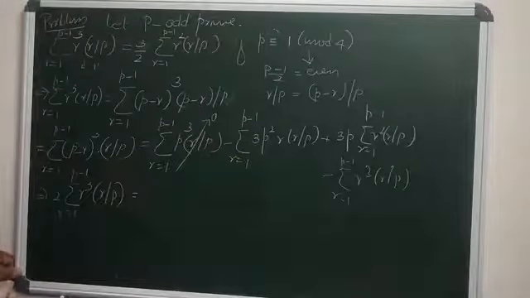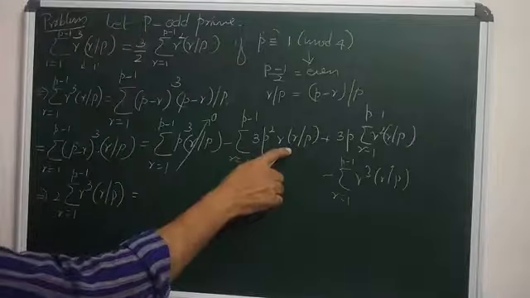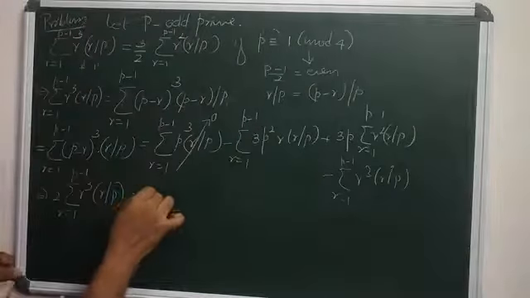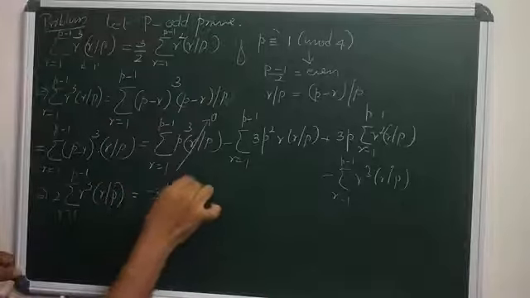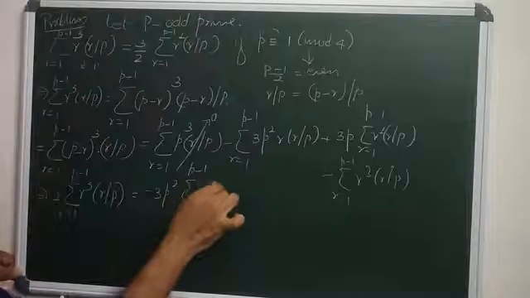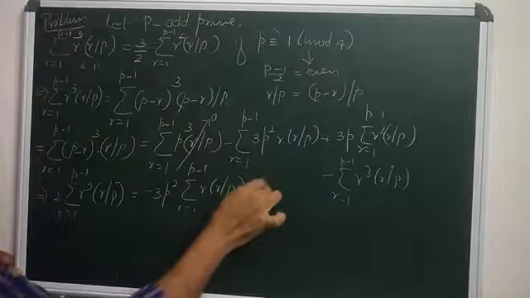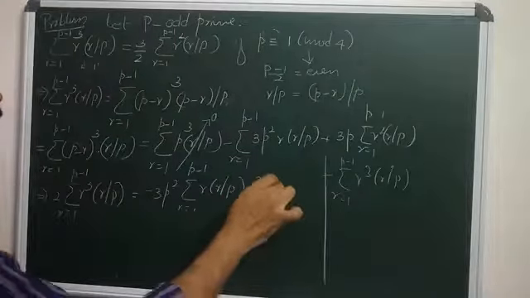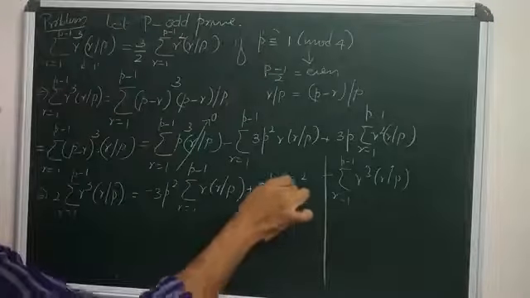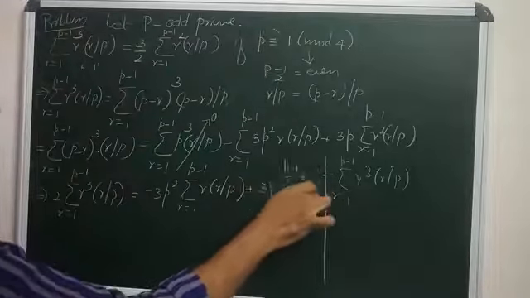It is minus 3P square R into R by P plus 3P into sigma R ranges from 1 to P minus 1 of R square into R by P. So the second term is minus 3P square into sigma R ranges from 1 to P minus 1 of R into R by P, plus what remains here? It is 3P into sigma R square, where R ranges from 1 to P minus 1, of R square into R by P.